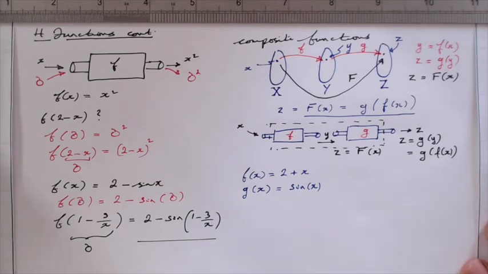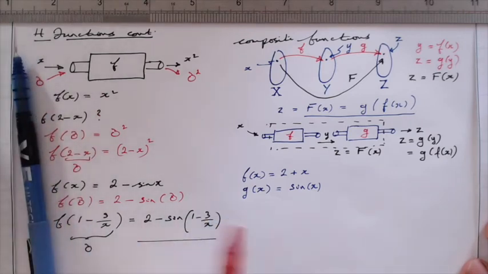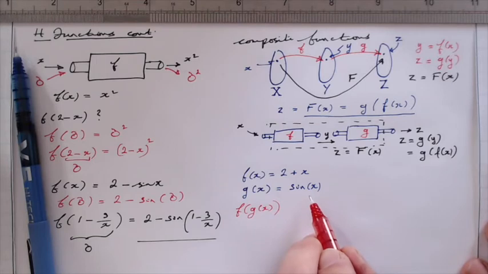And then we can think, well, what would the composite function be? f of g of x, for example. So what would this composite function look like? Well, the way you need to think about this is to say, right, I know what g of x is. g of x is sine x.